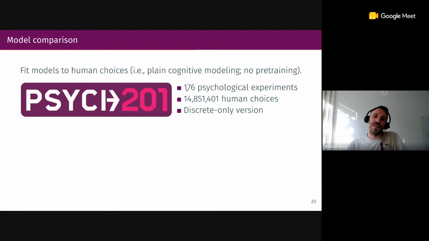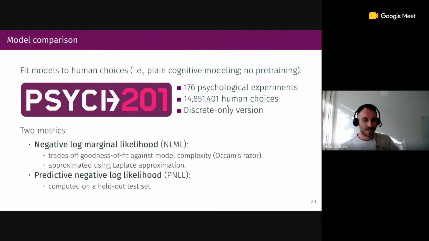This amounts to a dataset of 176 psychological experiments and about 15 million individual human choices. And then we will evaluate the model based on two metrics. Let me start maybe with the second one. This is just predictive negative log likelihood. We compute log likelihoods of individual choices on a held-out test set and use that as a measurement for human performance.